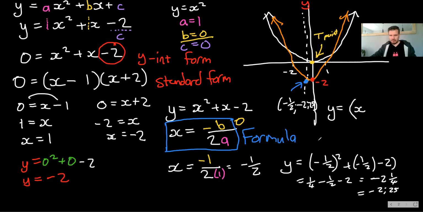Now, I'm just going to write it out and then you'll see. So for this one, it will be plus a half, minus 2.25.